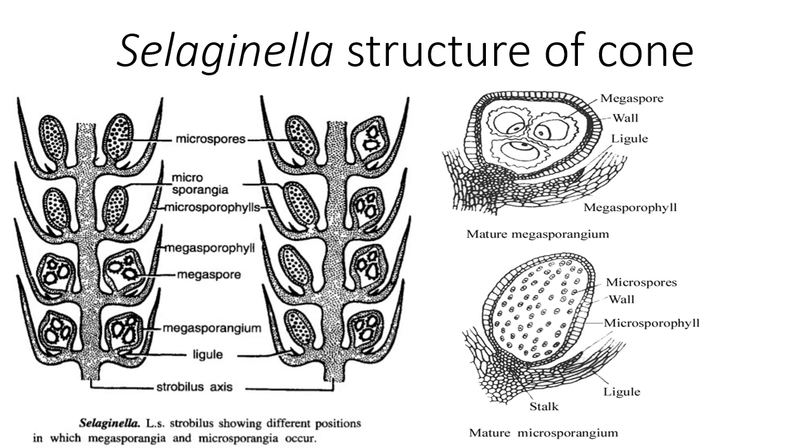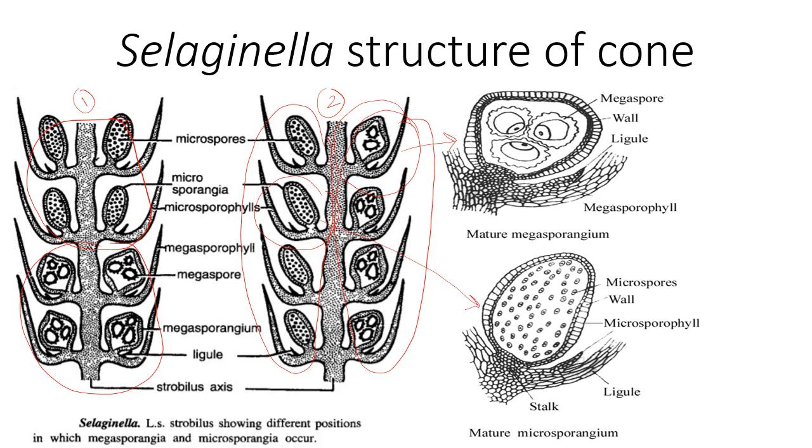In this slide, you can see two different kinds of strobili. In the first kind, here in the upper zone, you can see microsporophylls, and in the lower portion you can see the megasporophylls. Whereas in this kind, one side is representing microsporophylls and another side it is representing megasporophylls, and this megasporophyll is enlarged here and shown in detail, whereas this microsporophyll structure is enlarged here and shown in detail.